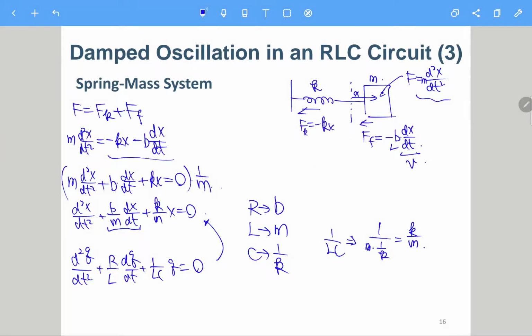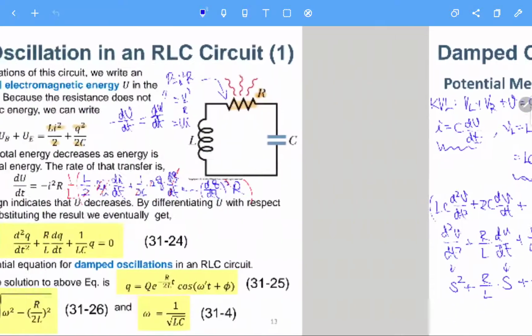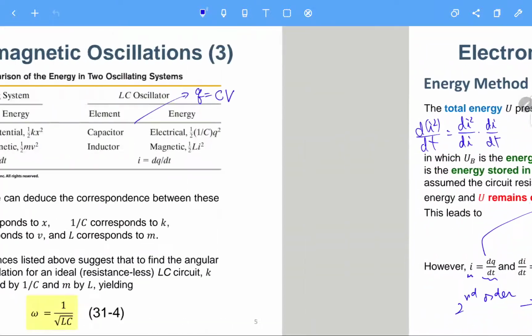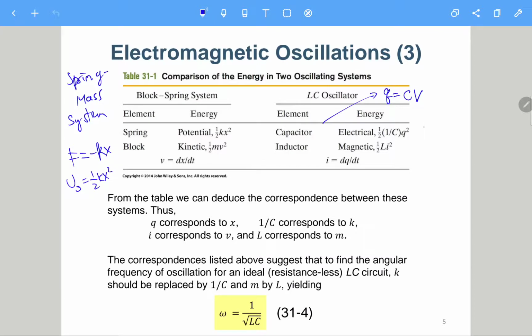Yeah. So if you still remember, in the last lecture we also have this same analogy here. So we can have 1 over LC correspond to K, L to M, and so on and so forth.